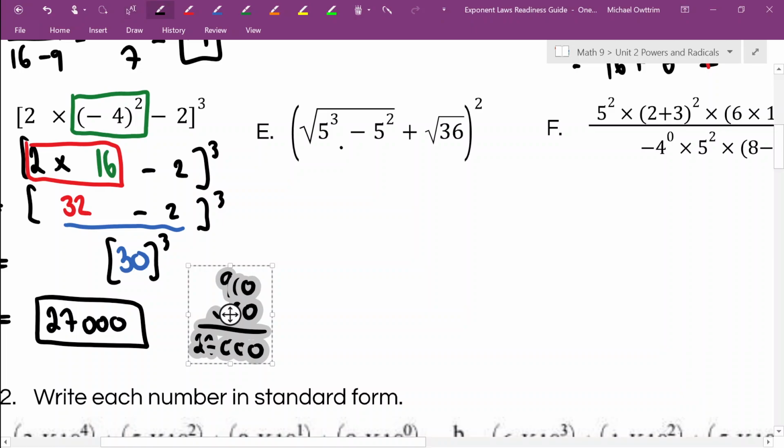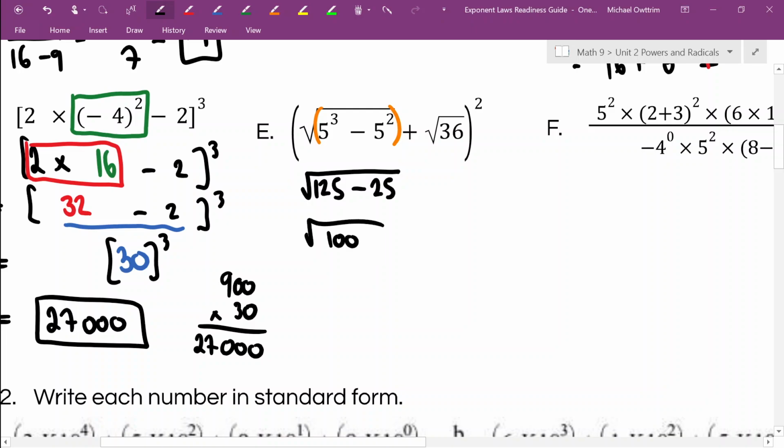Okay, now remember your square root, again, has kind of implied brackets. So anytime we have more than one thing underneath that square root, we need to do all of that stuff together and then take the square root of our single number. So let's go ahead and evaluate there underneath our square root. 5 cubed is 125, 5 squared is 25, and 125 take away 25 is 100.